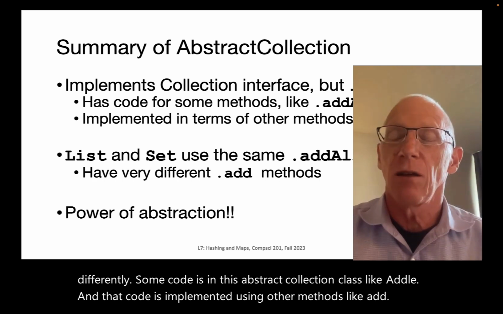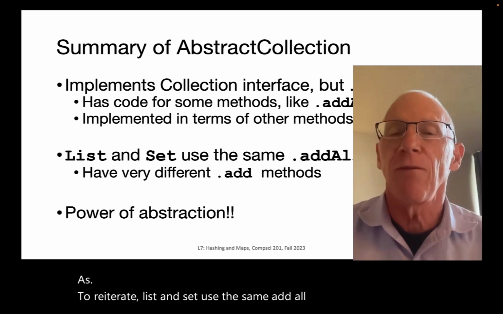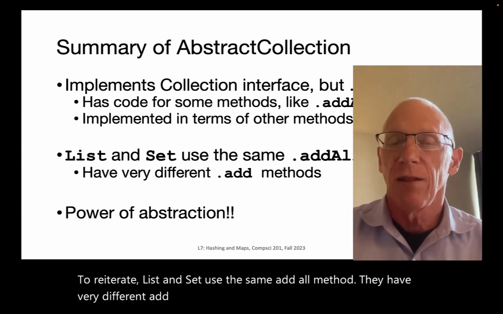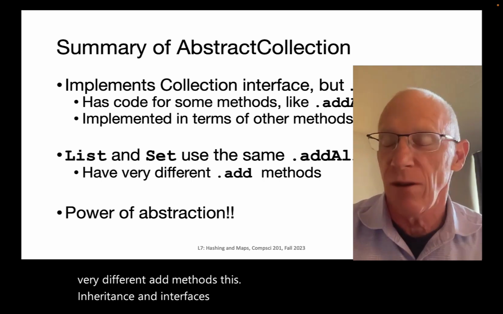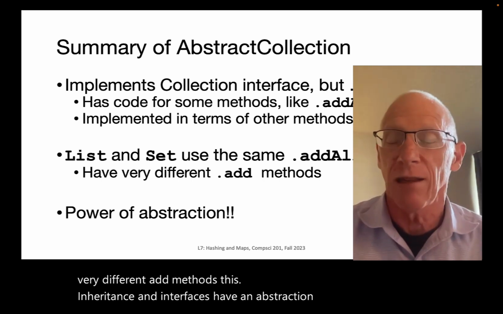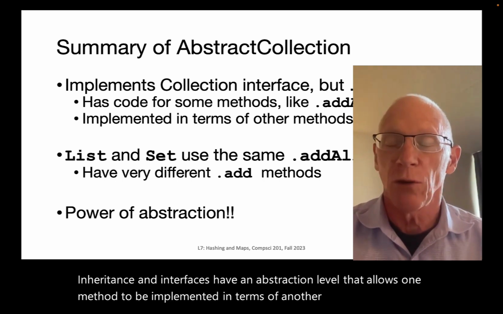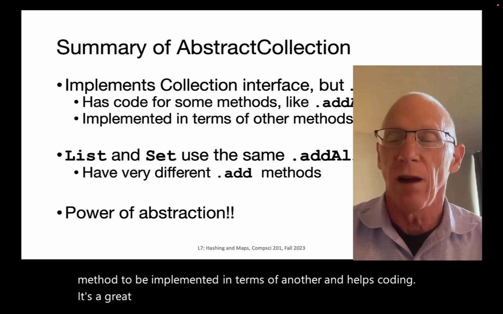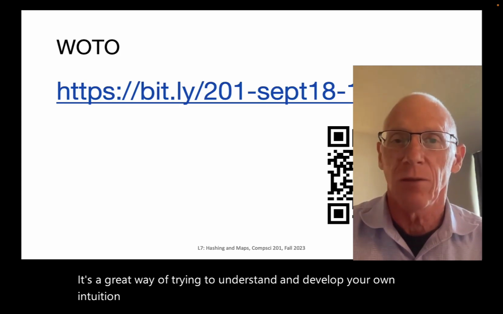To reiterate, list and set use the same addAll method. They have very different add methods. This inheritance and interfaces have an abstraction level that allows one method to be implemented in terms of another and helps coding. It's a great way of trying to understand and develop your own intuition and skills.